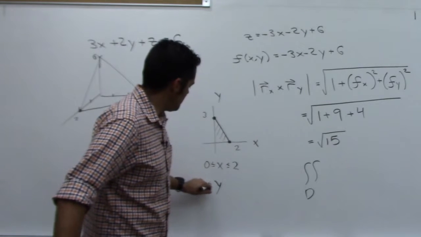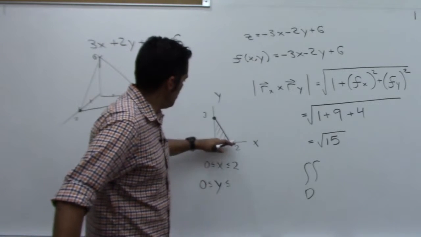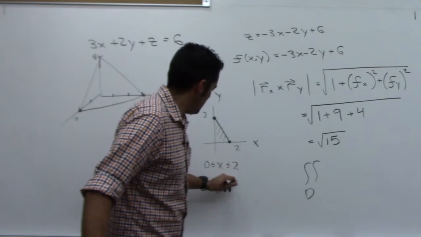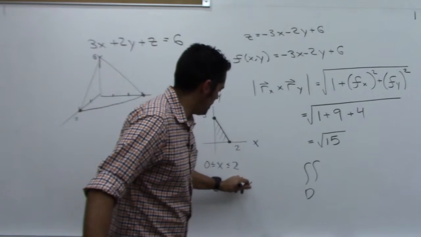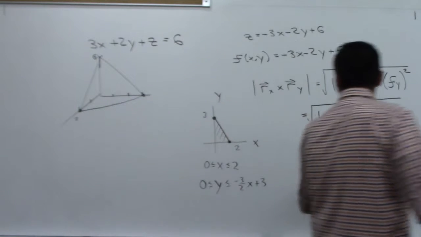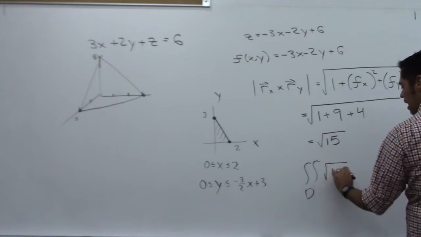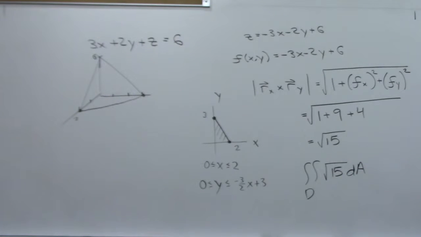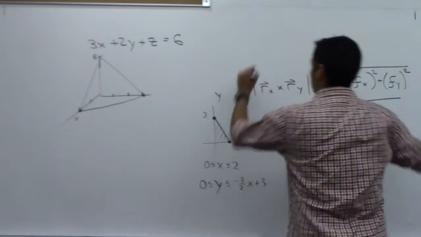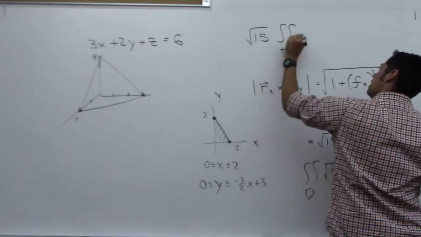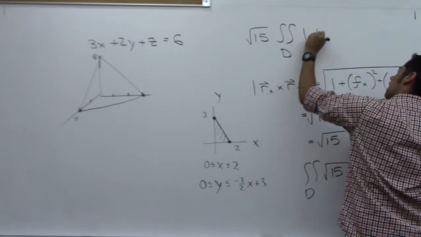My y's are between 0 and that line, which we already saw earlier was negative 3 halves x plus 3. But anyway, it's going to be the double integral over that of root 15 dA, which if I pull the root 15 out, I can do this really easily. It's root 15 double integral over D of 1 dA.